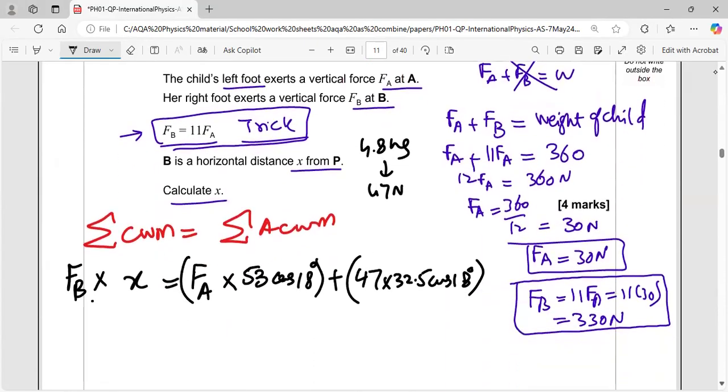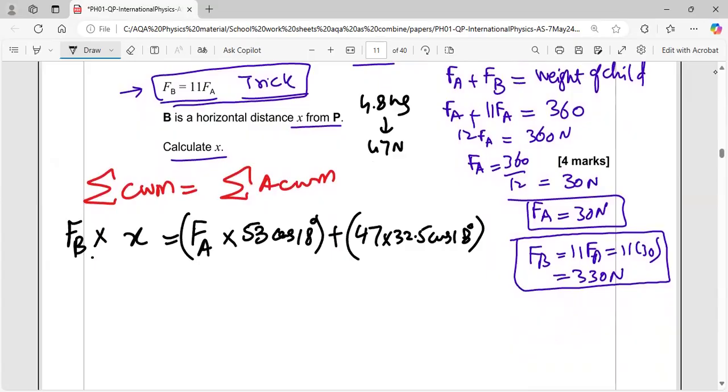Okay. So now you simplify it. And one more thing, we know that this FB and FA, we have already calculated them as well. FA was 30 and FB was 330. So you just put that in and solve for X. Of course, you will have to put all the values over there to get the value of this X. So I have to do a little calculation in that.